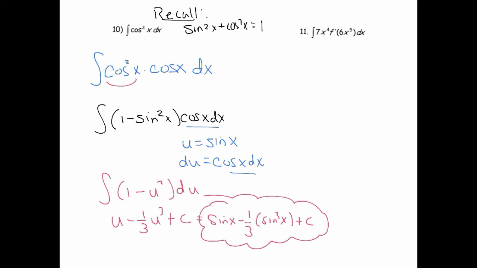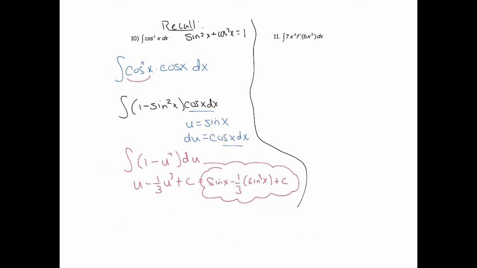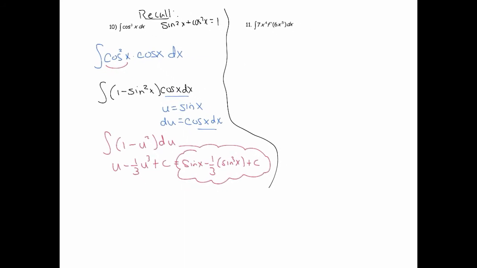And now number 11 is really just a symbolic exercise, because you'll notice I've got an f in there. If you're taking the AP exam, this is the classic type of thing that would show up on a multiple choice. Oh, by the way, on the left one, I should note that this trig substitution idea, using sine squared plus cosine squared, will work anytime you have sine to the n of x or cosine to the n of x, and n is odd.